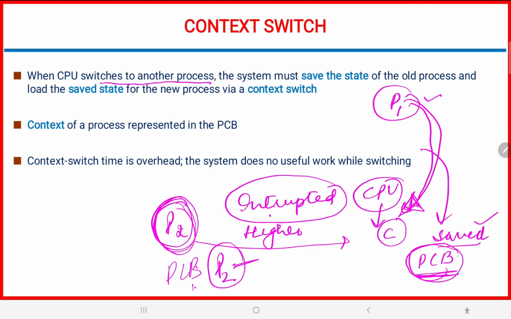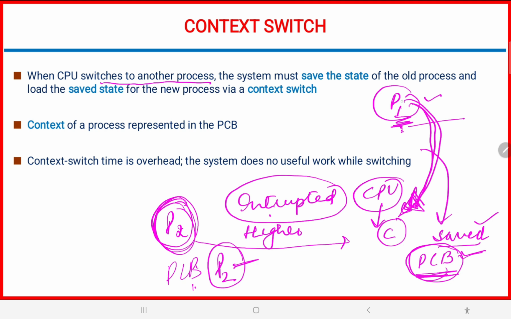Question is, why are we saving the state of process P1? The state of process P1 is saved so that later on, when this process again comes for execution, we can begin from the place where it left, because this process was partially executed, so it should continue for the remaining part of the job only, rather than going for re-execution of the entire process.